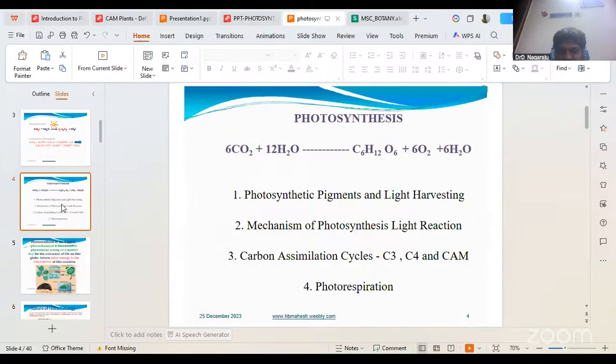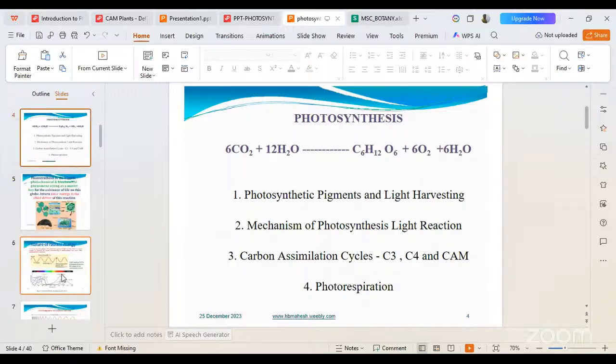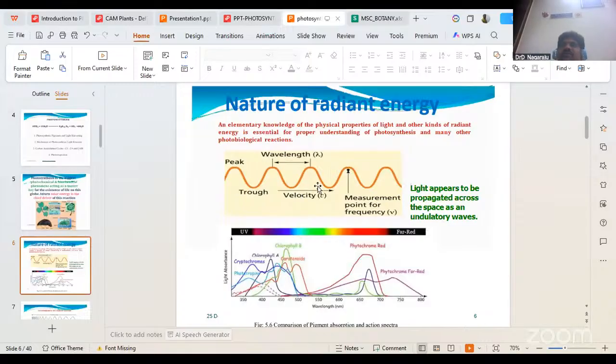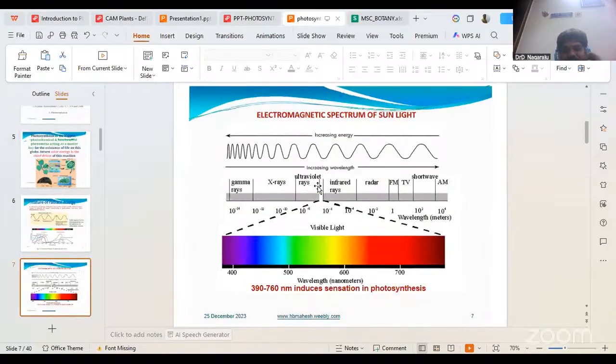photosynthetic pigments and light harvesting. For light harvesting, where is the light absorbed from? Sunlight. The sunlight is categorized into a light spectrum.